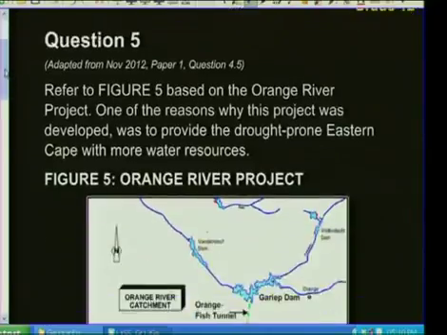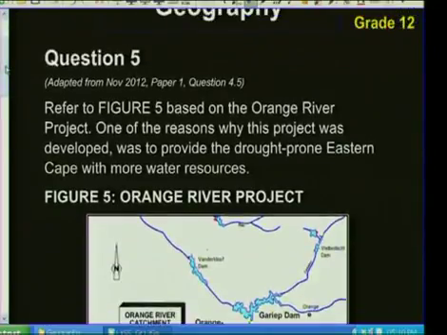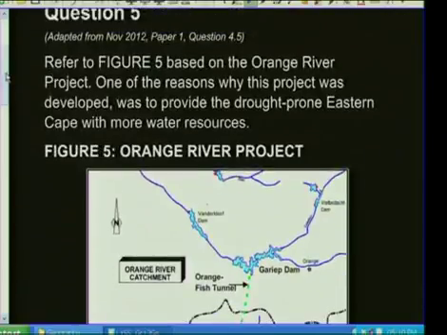This brings in your water projects here. Now, this question has got a lot of answers on the diagram itself. Refer to figure 5 based on the Orange River project. The examiner has been nice here, learners. He's told you it's Orange. Normally, sometimes we make you tell us which project it is.